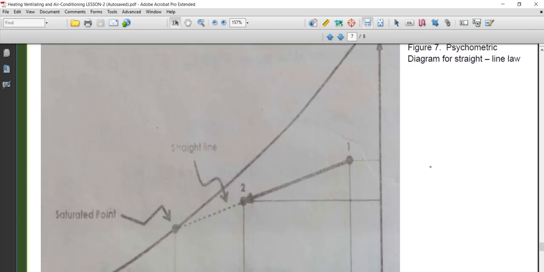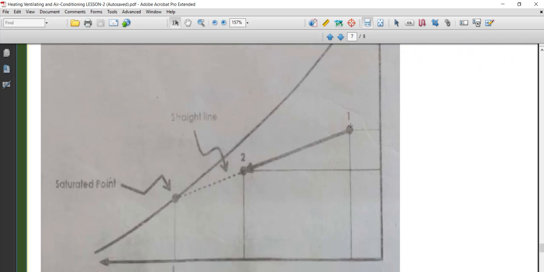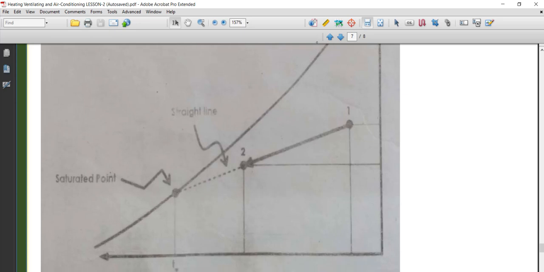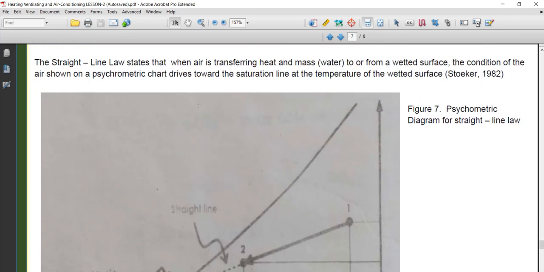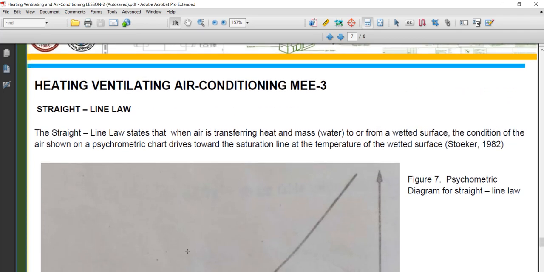From this point going here, to make the air saturated we only have to draw the process line until it hits the saturation curve. So from point 1 to point 2 is the straight line law in order to become saturated.